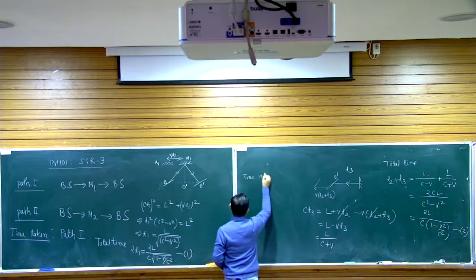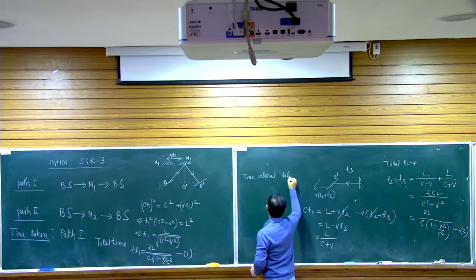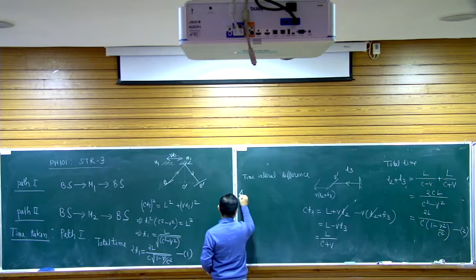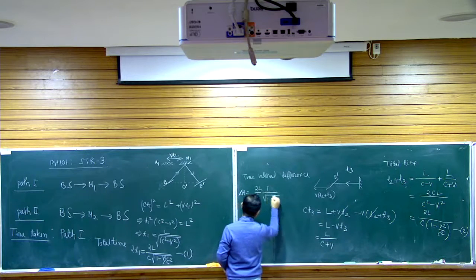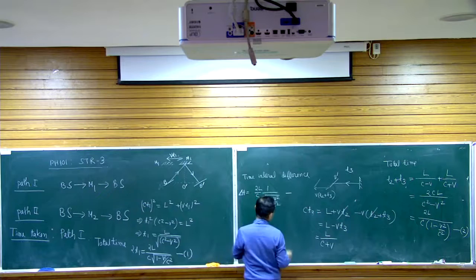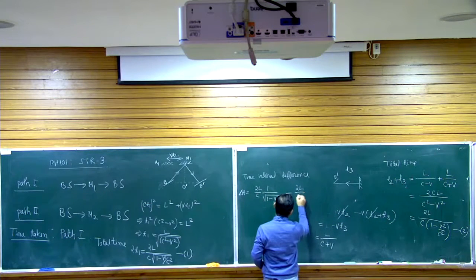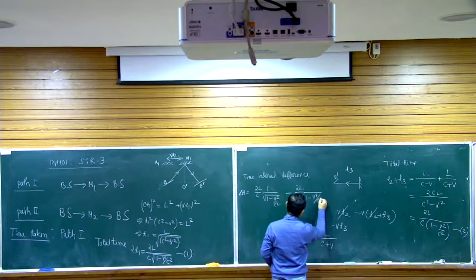Time interval difference, if I call it delta t, is coming out to be 2L by C 1 upon square root V square minus C square minus 2L by C 1 minus V square upon C square.